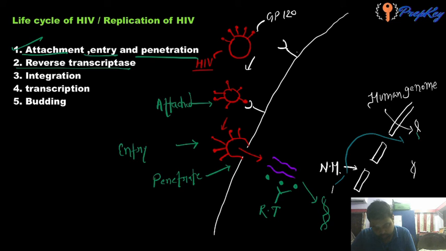Now our human genome is attached with viral DNA. Reverse transcriptase converts RNA into DNA, then it integrates into the human genome.